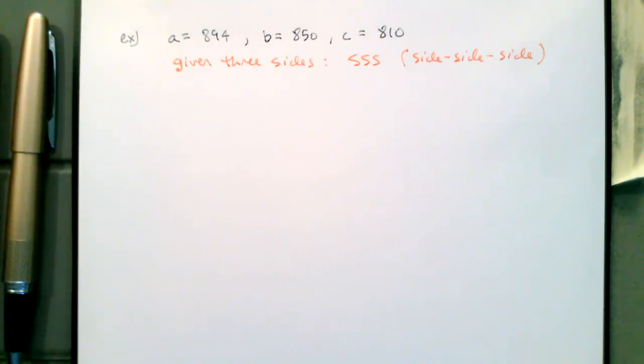At this point, we can choose any form of the law of cosines to solve for any of the angles first.